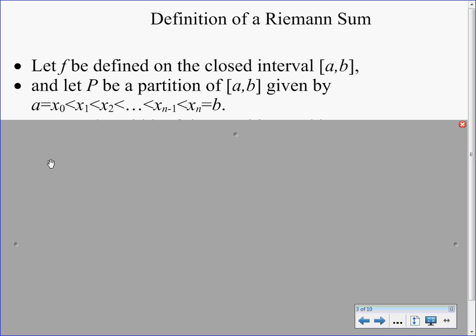Our partition, we're going to break up into all of these little sub-intervals from A to B. So we're going to start at A, and then move to x1, and then x2, and then x3, all the way up to B. So we're going to partition into all these little pieces to make our rectangles.